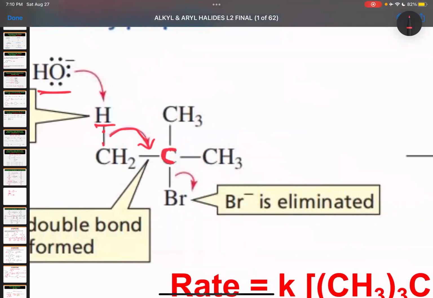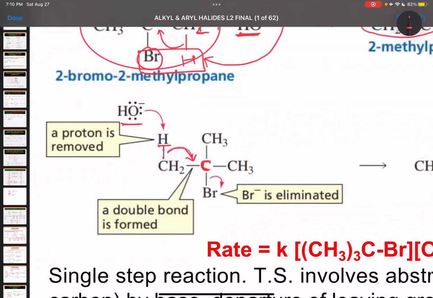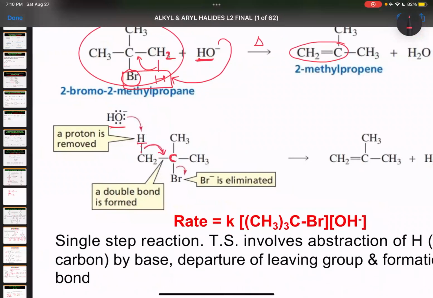So Br is getting eliminated. H plus is taken away by the base. The electrons of the carbon hydrogen bond will come and start forming a double bond, and because the middle carbon is forming a double bond, the Br minus will also come out. So all these things are happening in just one step. That's why it is known as single step, just like SN2.